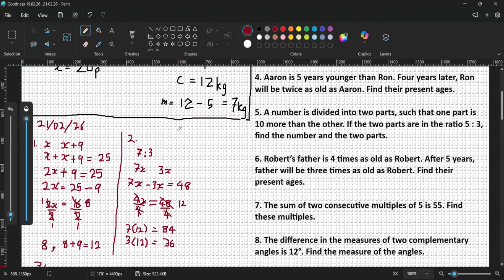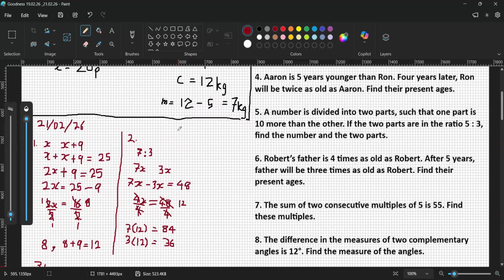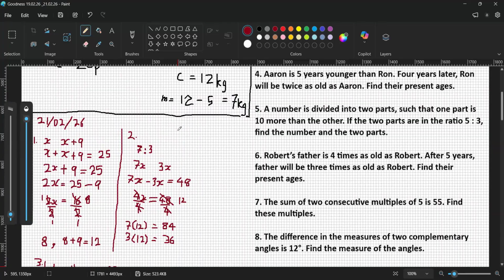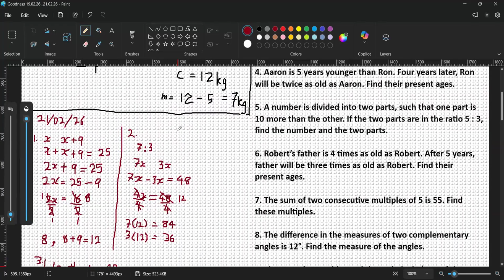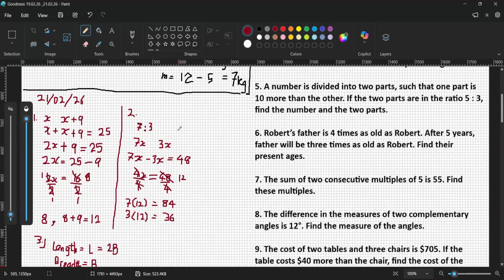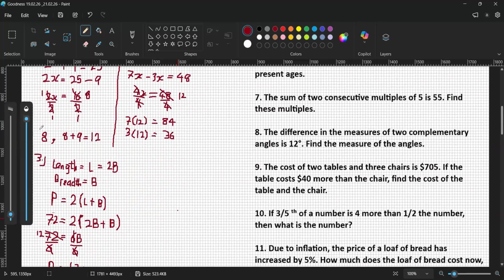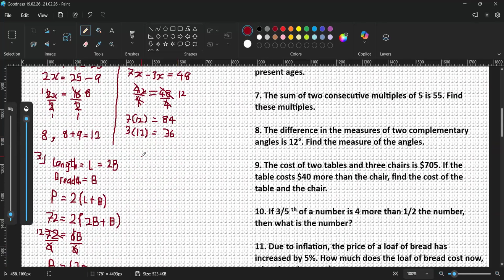Okay, but here we have two letters that are not really confusing. A for Aaron and R for Ron, right? Yes, sir. So let's go with those letters, shall we? Number 4. So let's do number 4 beside number 3. Don't worry, I'll use a line and separate them.